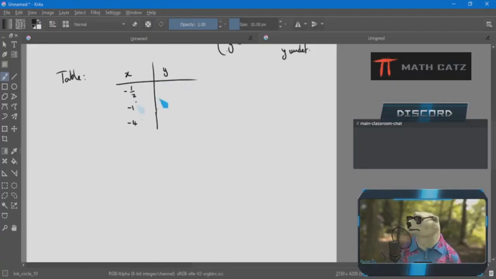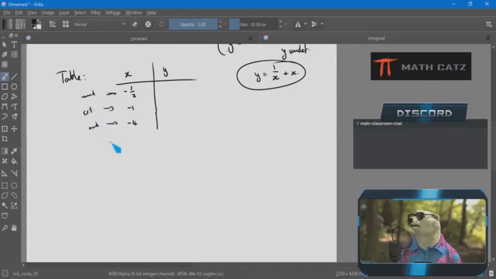So now my function was 1 over x plus x, right? So I want to find the y values corresponding to these guys. So that was a critical point. That was an endpoint. Not that it matters. That was an endpoint as well. So we plug some in.